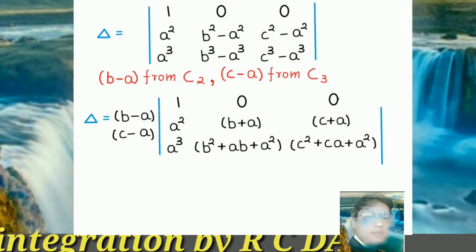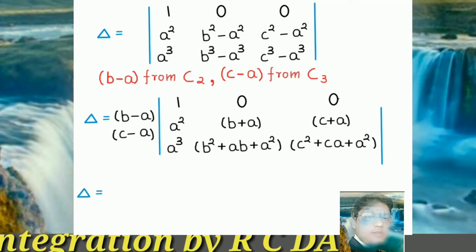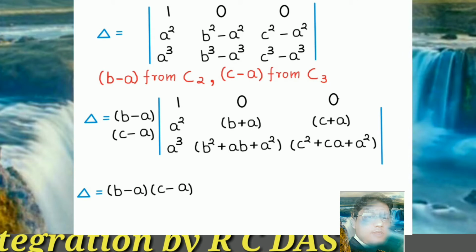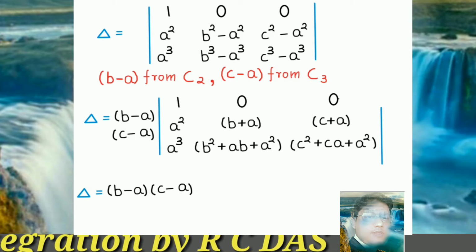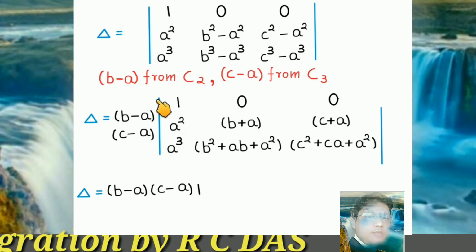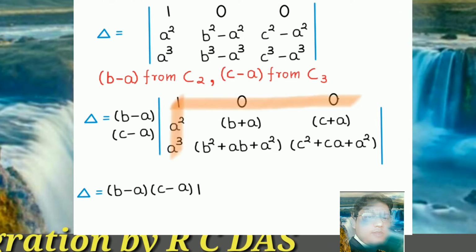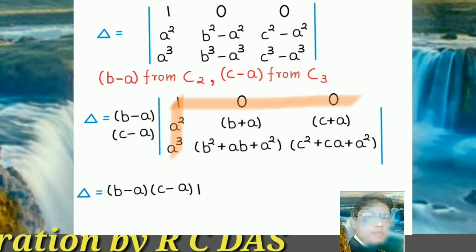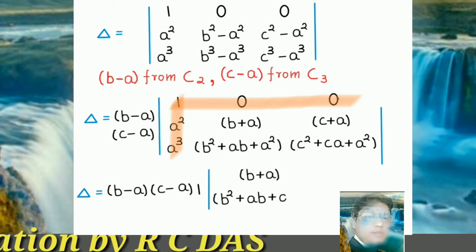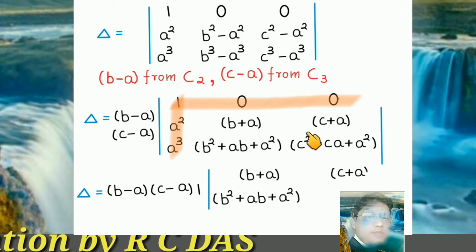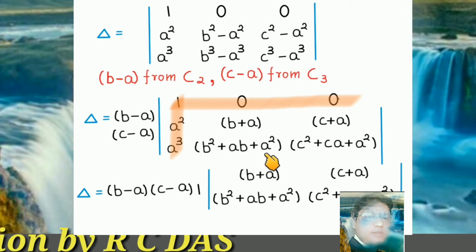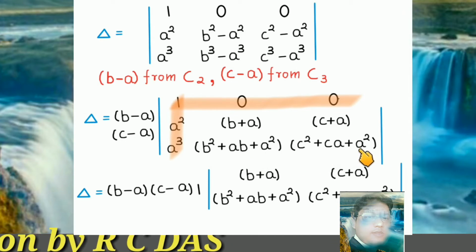if I expand or do any operations, then I can also get b minus a, c minus a. If I operate c2 minus c1 or expand for r1, then I'll get by cross multiplication the remaining numbers inside the determinant.